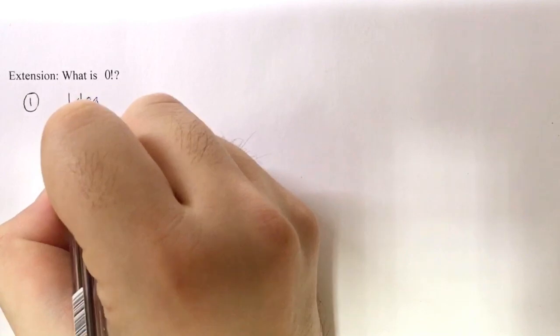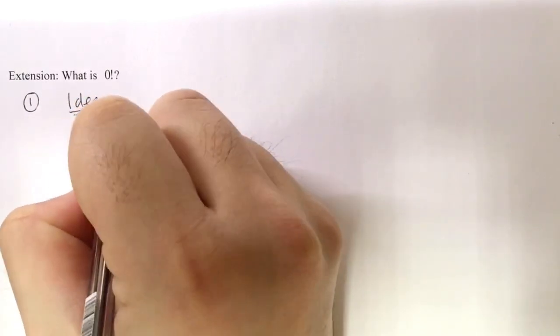There's just one way to arrange it, and that is you do not need to do anything. So we can define 0 factorial to be 1. It's a little bit ridiculous, but it's still okay to say that you arrange 0 objects and the number of ways is 1.